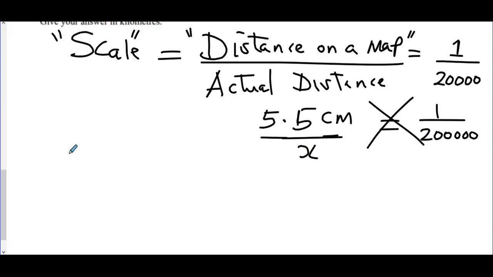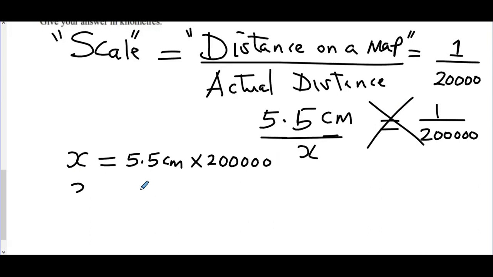So X times 1 is X equals 5.5 centimeters times 200,000. So when you do this calculation, 5.5 times 200,000.